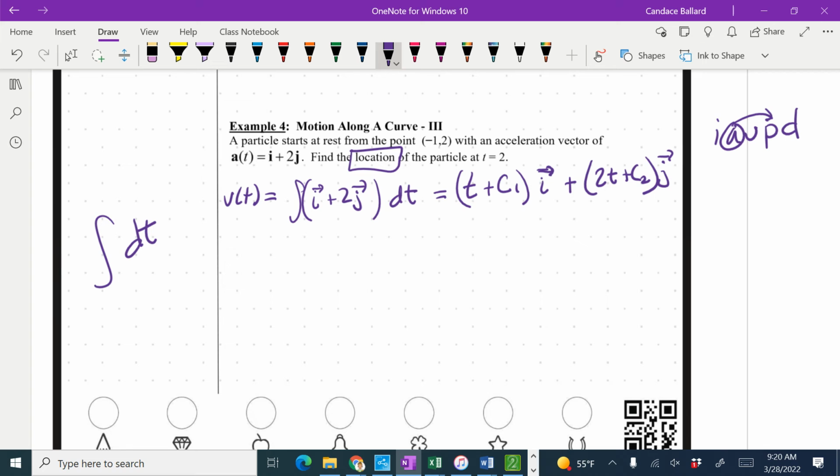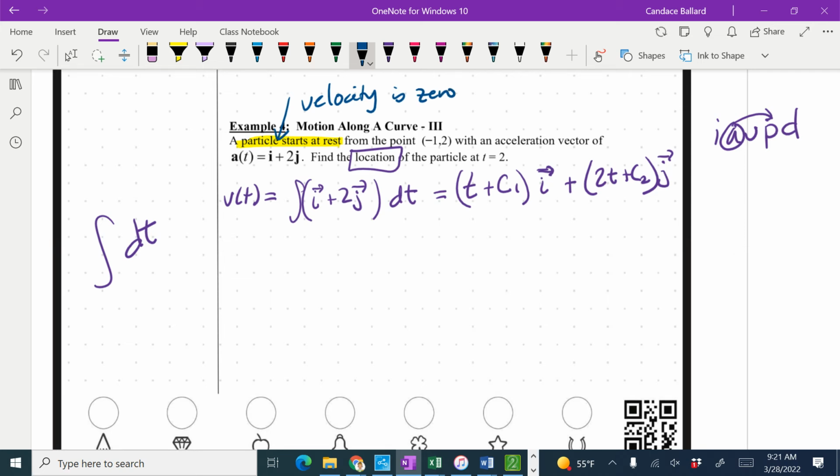So we need to figure out what those c values are. It's hidden right in here. The particle starts at rest. What's the velocity when the particle starts at rest? So this means that the velocity is 0, which means that I'm going to set both components equal to 0.